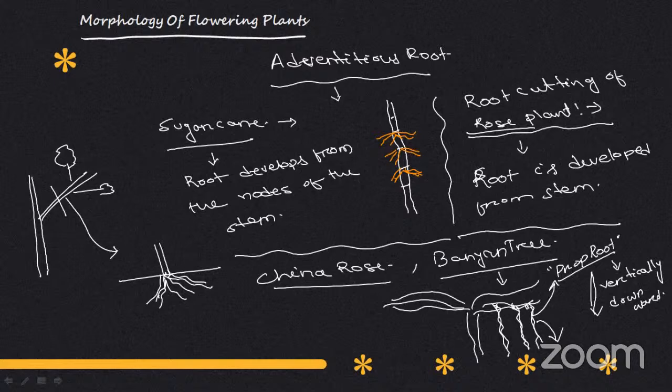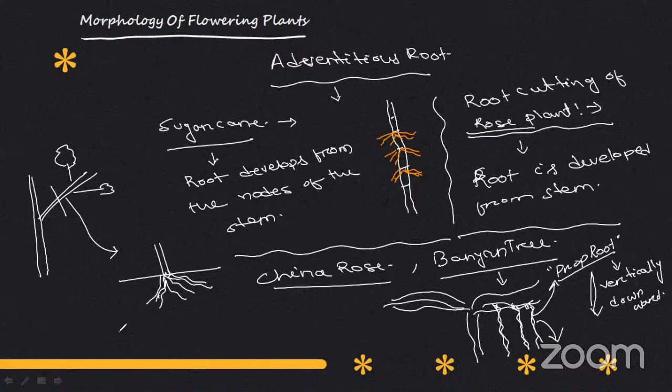As you know, the banyan tree is a very large tree, so it requires so much strength. For mechanical support, these roots grow vertically downward and give support to the plant.